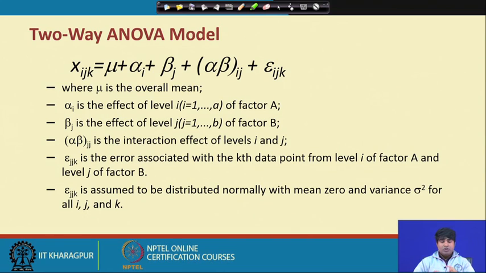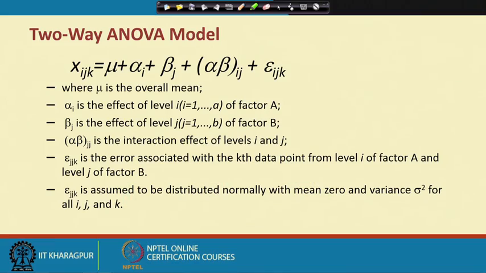That means mu is the overall mean, alpha_i is the effect of level i for factor A, beta_j is the effect of level j for factor B, alpha beta_ij is the interactive effect, and epsilon_ijk is the error associated with this, because we are structuring with respect to two different factors.